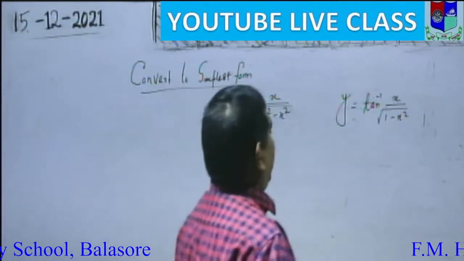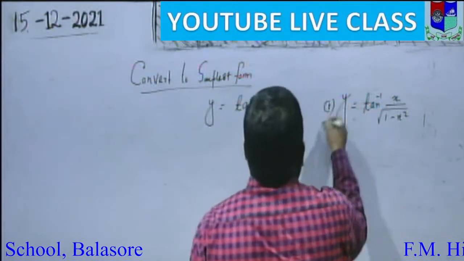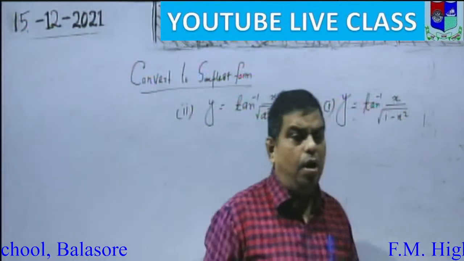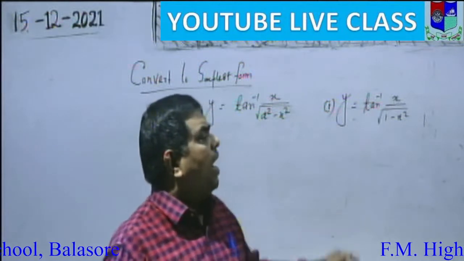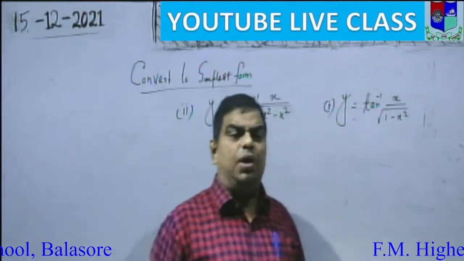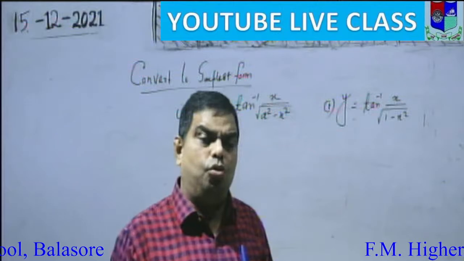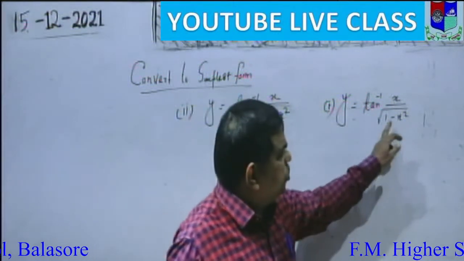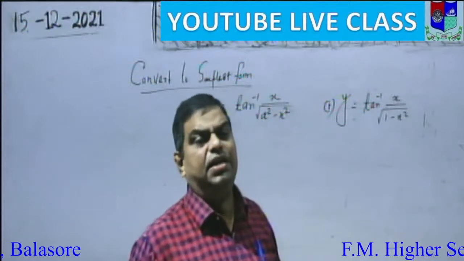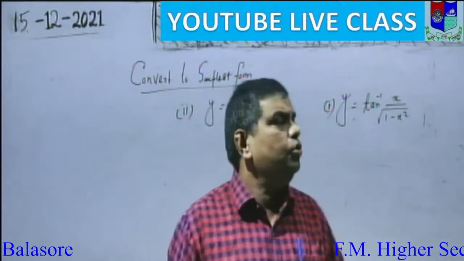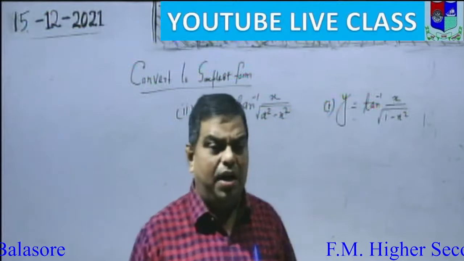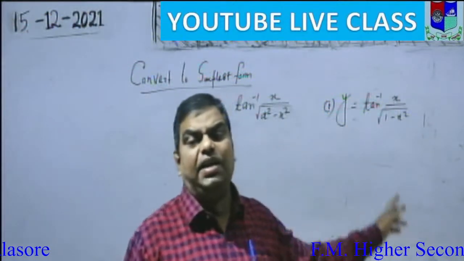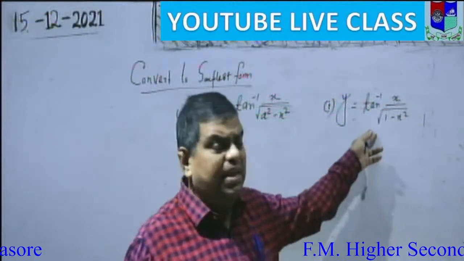We know from our popular identity sin square theta plus cos square theta is equal to 1, therefore we can substitute 1 minus sin square theta is equal to cos square theta. Substitution is taken suitably.